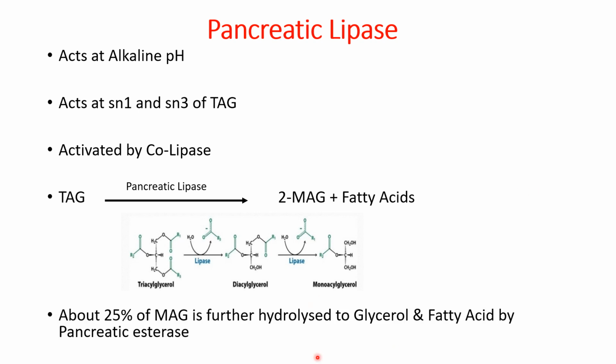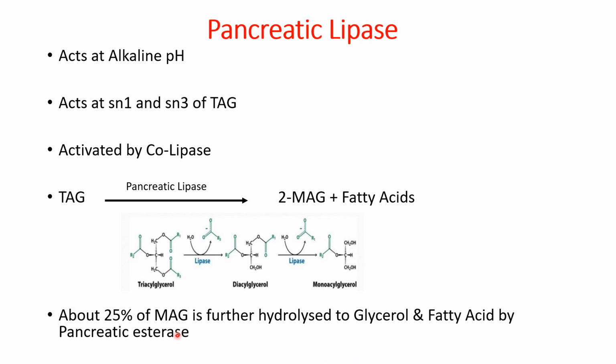Now, what happens with this 2-monoacyl glycerol? The majority of it, about 75%, remains as monoacyl glycerol, and we'll see it is absorbed in that form. But about 25% of the monoacyl glycerol is further hydrolyzed to produce glycerol and fatty acid.